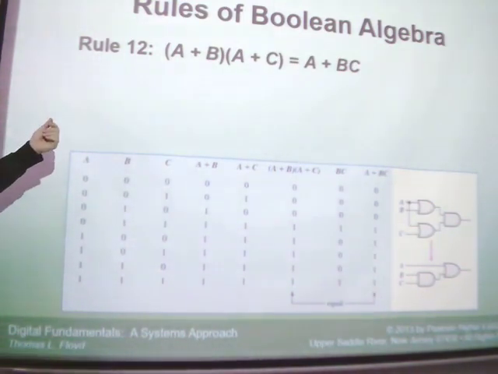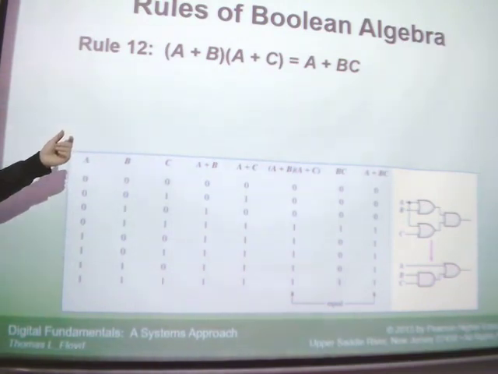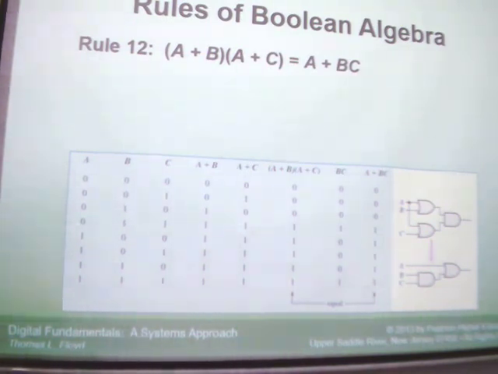(A or B) and (A or C) equals A or (B and C). It is more complex. We also can get the result by the truth table.